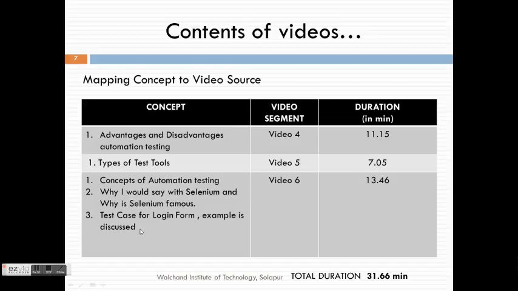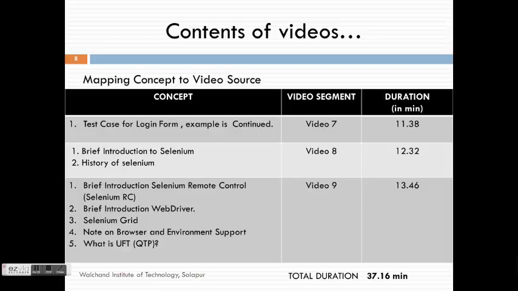Videos 7, 8 and 9 focus on the Selenium tool, and they are a little lengthy, more than 10 minutes. The overall duration of this set is 37.16 minutes.